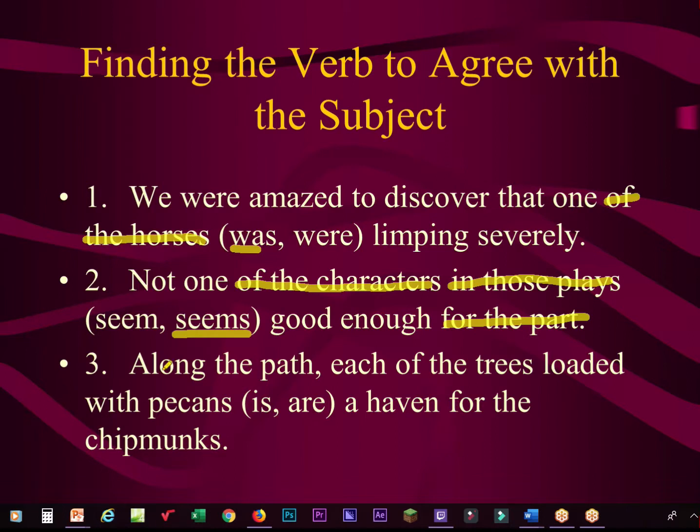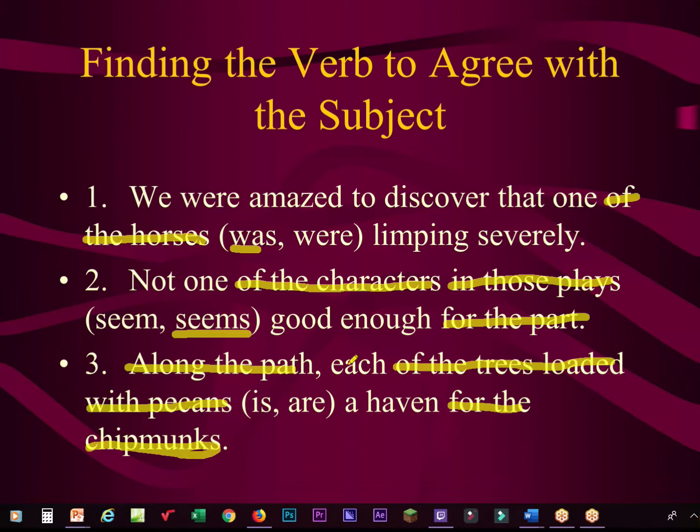Number 3, get rid of this, get rid of this. This is like a participial phrase that functions as an adjective, but it's talking about trees. You can get rid of that, get rid of this. All of those are prepositional phrases, which we don't want to look at.